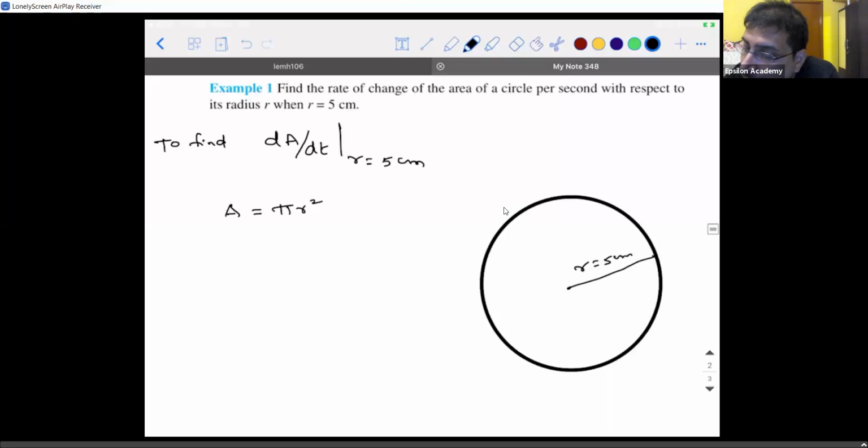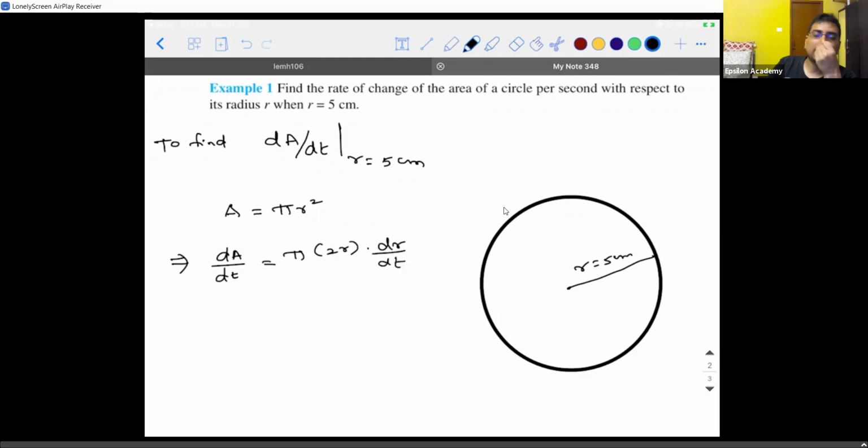So A is equal to pi r square, which implies dA divided by dt is equal to pi into 2r into dr divided by dt. Did you guys understand what I did? I applied the chain rule, because the differentiation was done with respect to time, not with respect to r.